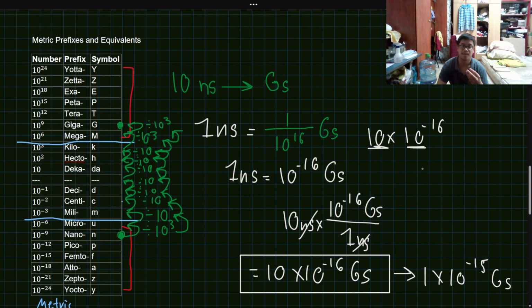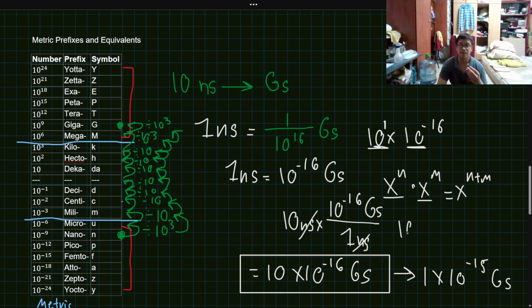So what happens if the bases are the same? Remember, according to one of the laws of exponents, if you have x raised to n times x raised to m, the same base, and they have their own exponent, you can just simply copy the base and add their exponents. So here on the 10, since it's just 10, that means it has an exponent of 1.